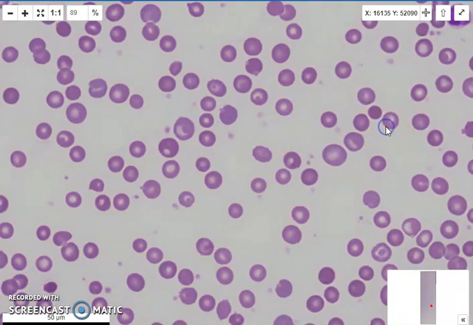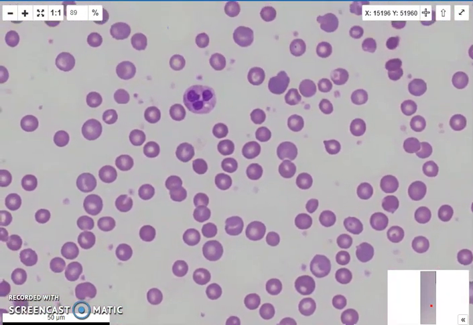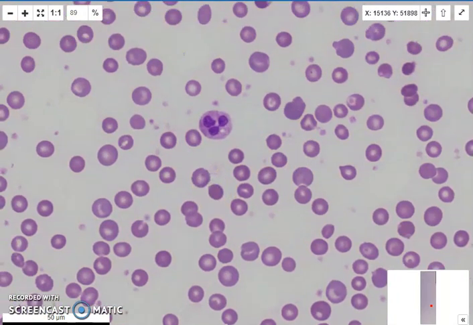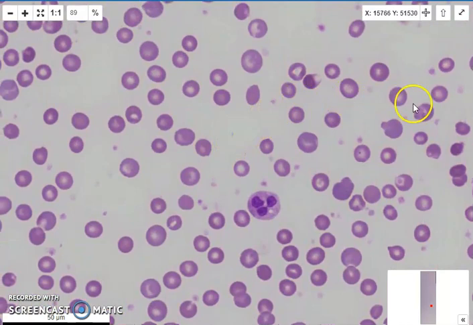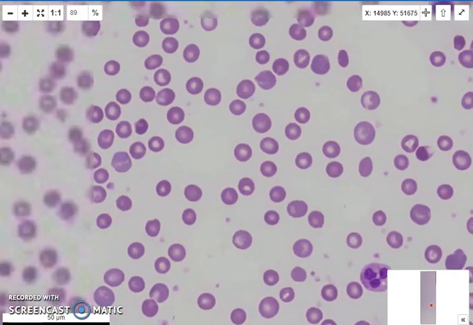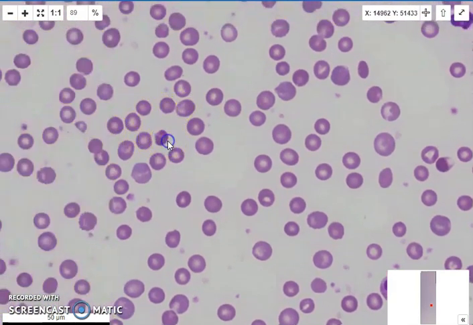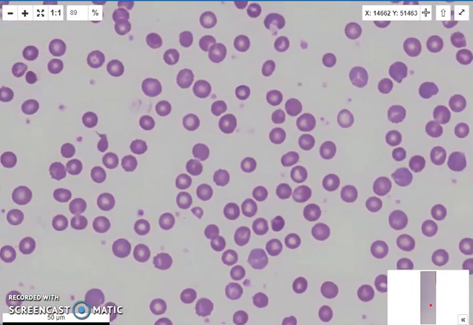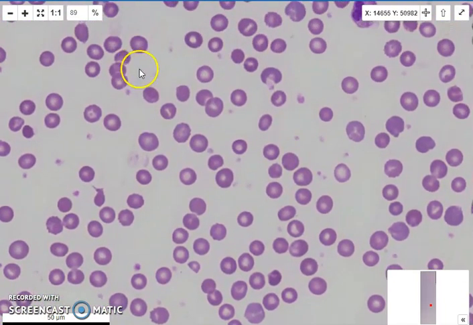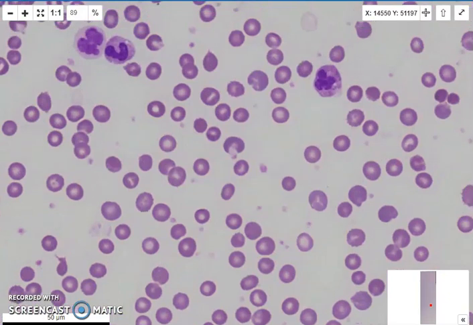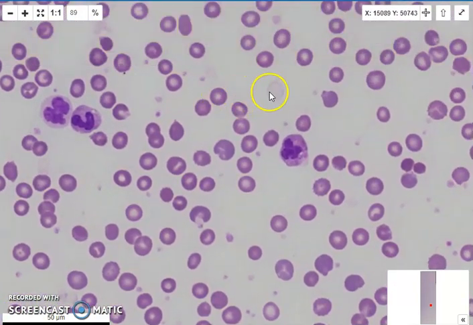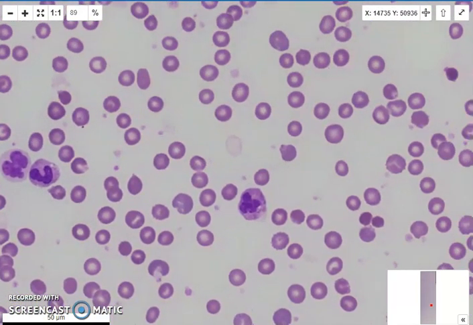So we may have an occasional one that's a real spherocyte looking, but even here I can see that little blip up in the corner. Now look here, and I've got a blister cell. This one's sort of flat on one side where the other side has had its membrane disturbed. I can see that blip up there again on that cell. I can see these hemolyzed cells in the background.